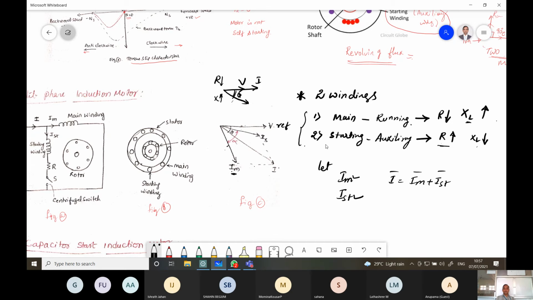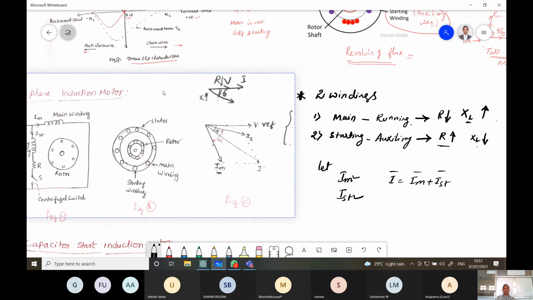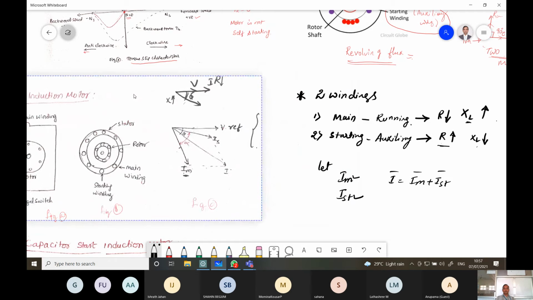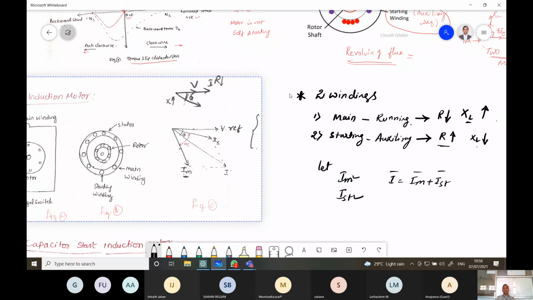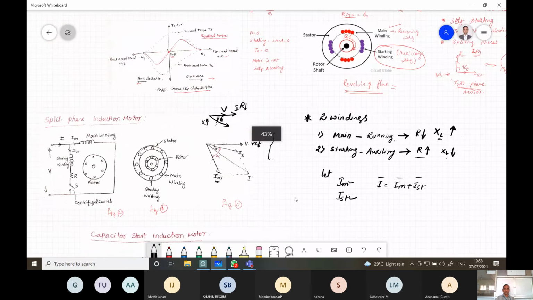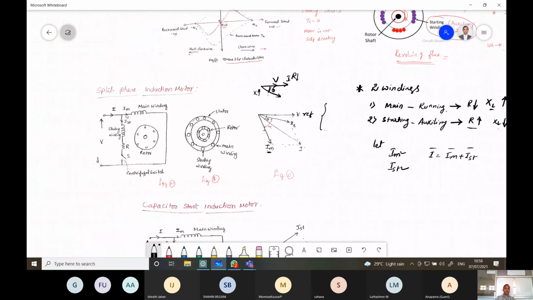Im plus Ist gives the total current I. So this is about the vector diagram.